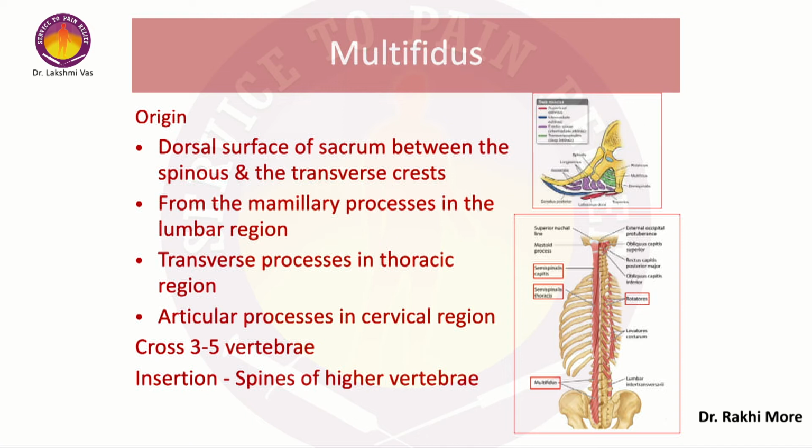So one multifidus muscle will cover around 3 to 5 vertebrae and insert in the spine of a higher vertebra. So in this diagram on the right hand side, the upper diagram, you can see the layers which you encounter when you reach the multifidus muscle. From the superficial to the deep, we can see the trapezius, the latissimus dorsi.